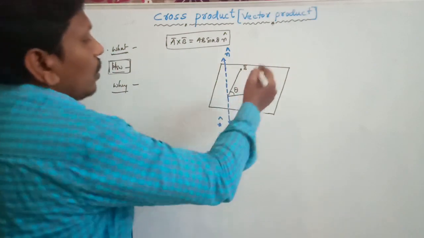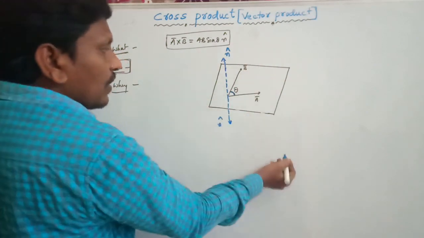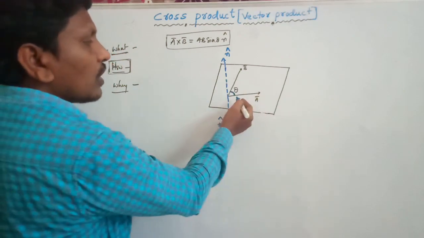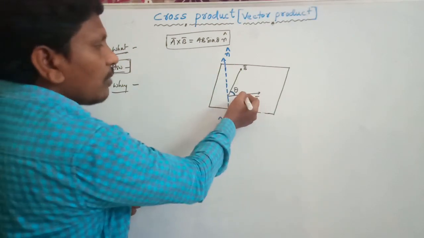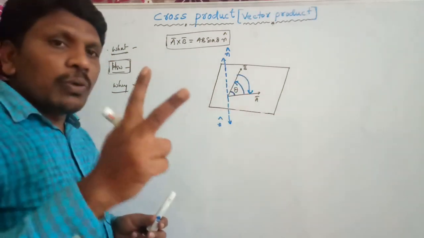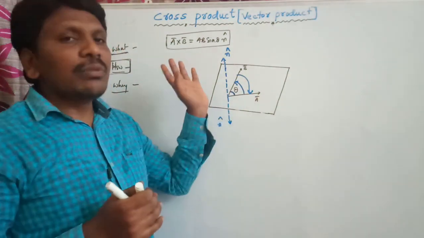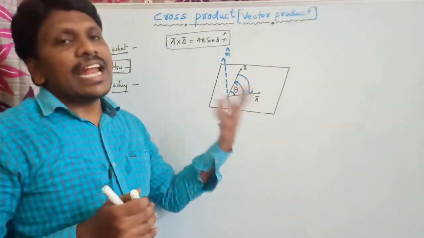There is an angle that can be taken from A bar to B bar or from B bar to A bar. There are two possibilities to find the angle between A bar and B bar, clockwise and anti-clockwise.